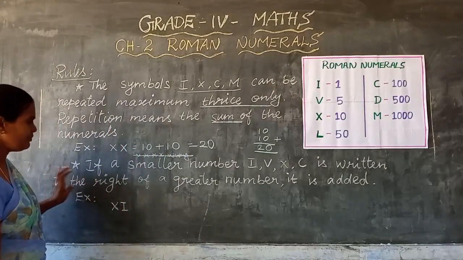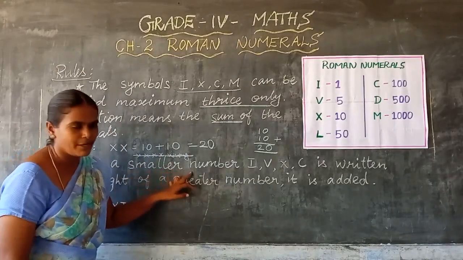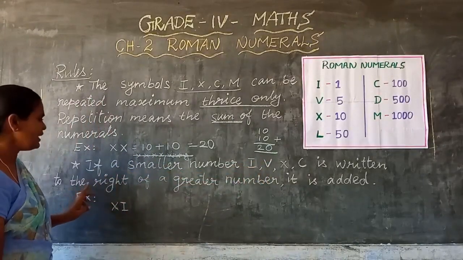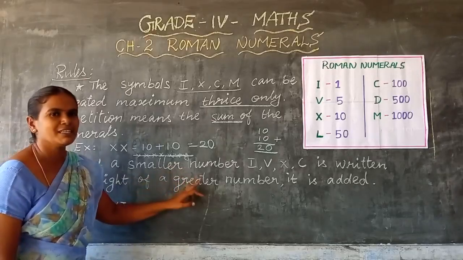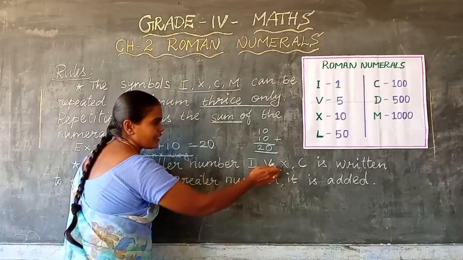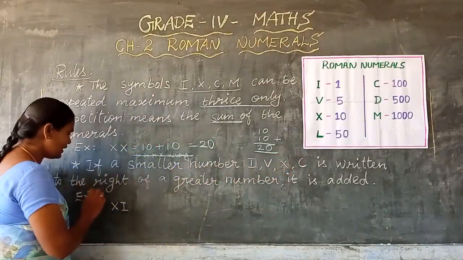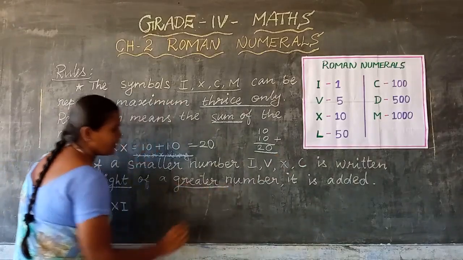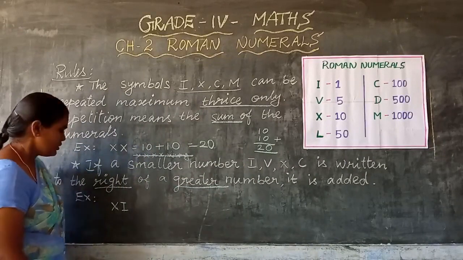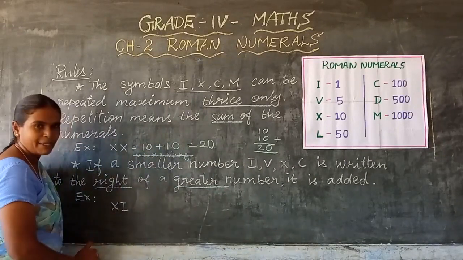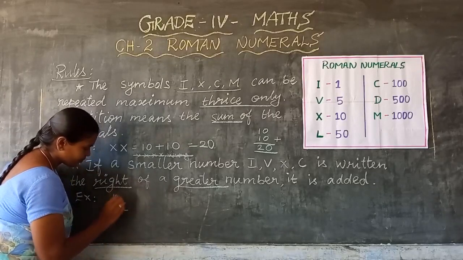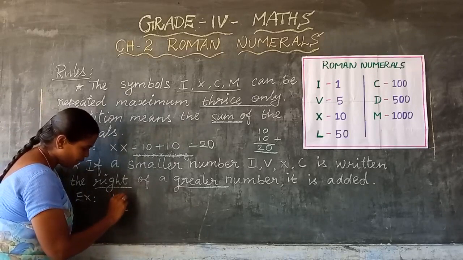Next, second condition. If a smaller number I, V, X, L is written to the right of a greater number, it is added. For example, X I. Value of X, 10. Value of I, 1.